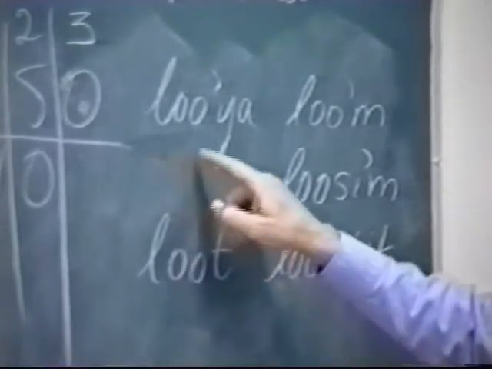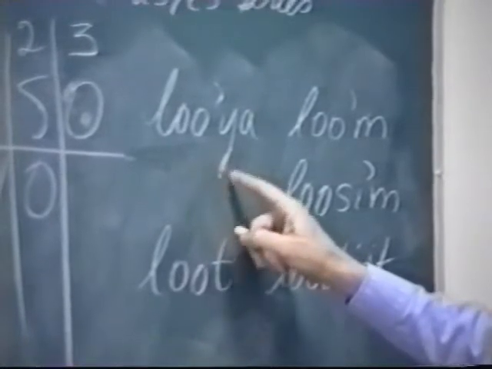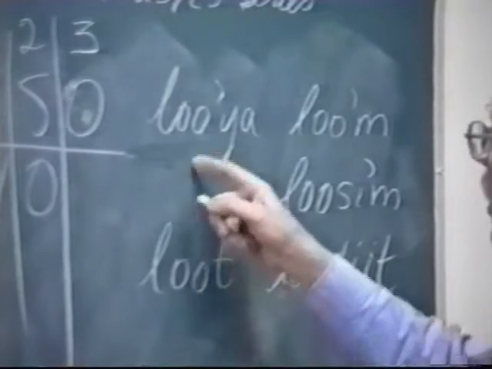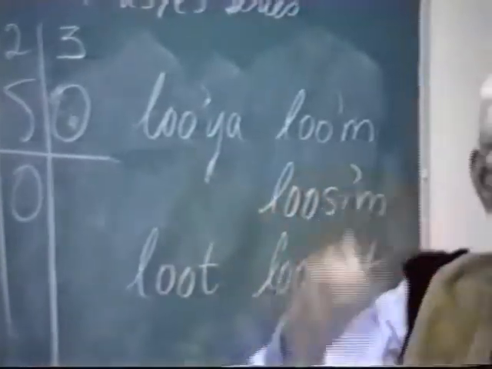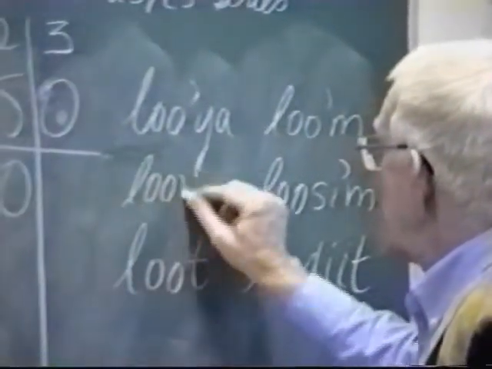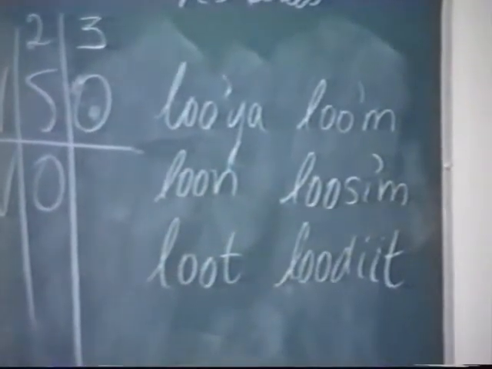I've deliberately saved this one to last because there's a difference between Eastern and Western here. I'm speaking to you. To you, I would say in Western, most people would say lon, long O-N.